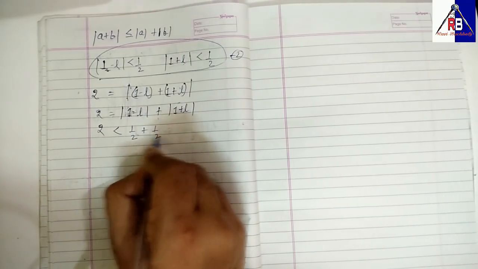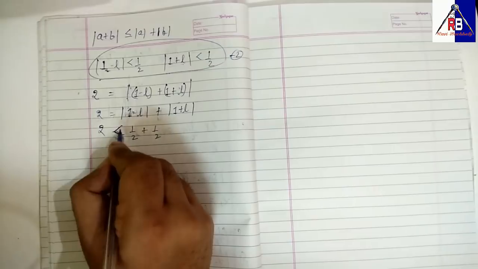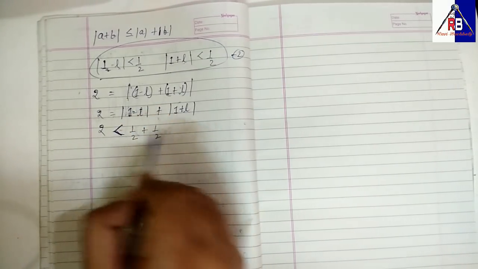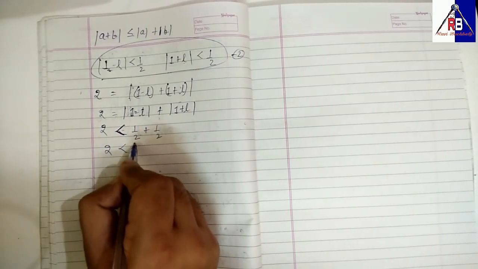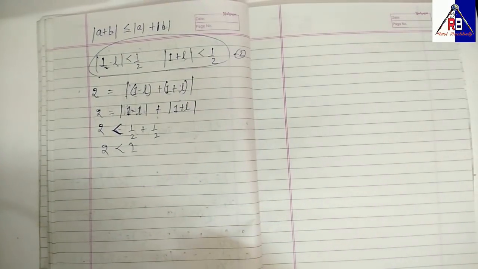So therefore 2 is less than half plus half, so it becomes 2 less than 1. Absolutely absurd.